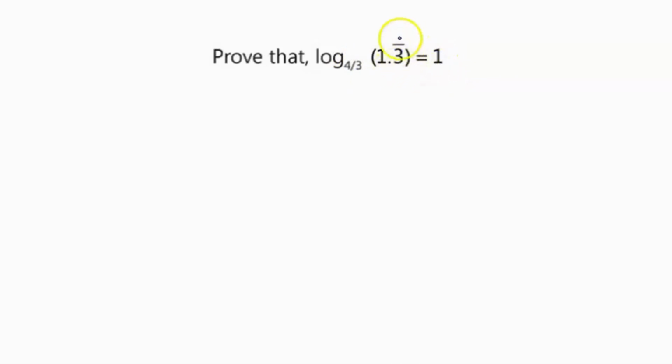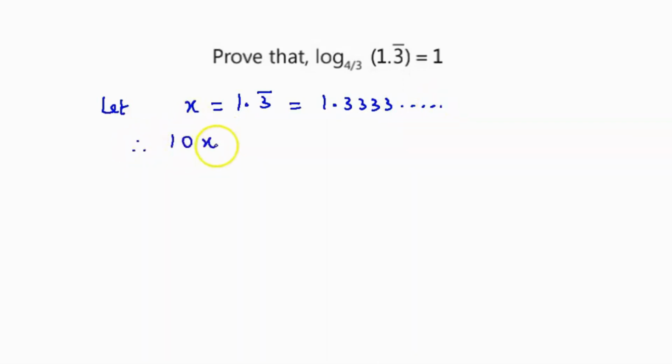Now first we focus on the recurring number given, and convert it into a fraction. So suppose x is equal to 1.3 bar. Now 1.3 bar is actually 1.3333 and so on.